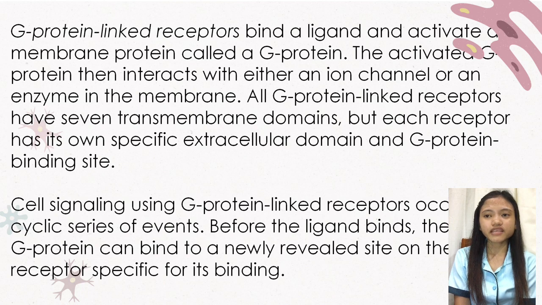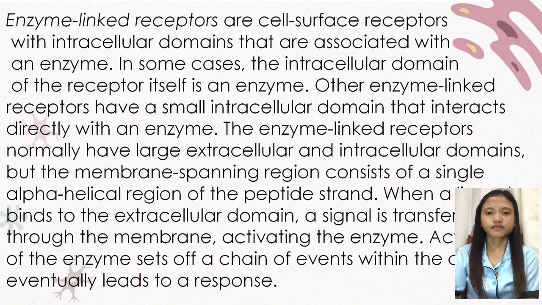All G-protein linked receptors have 7 transmembrane domains, but each receptor has its own specific extracellular domain and G-protein binding site. Cell signaling using G-protein linked receptors occurs as a cyclic series of events: before the ligand binds, the inactive G-protein can bind to a newly revealed site on the receptor specific for its binding.